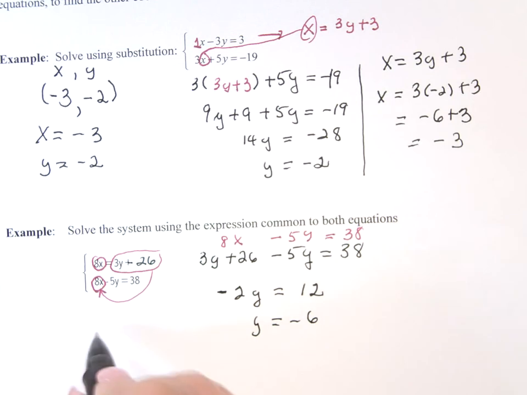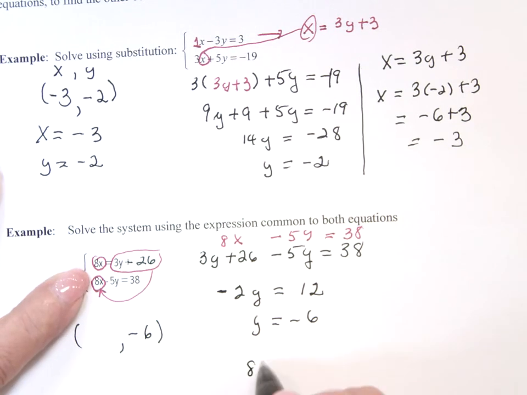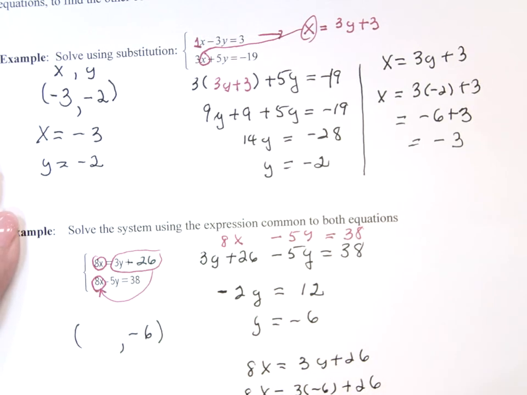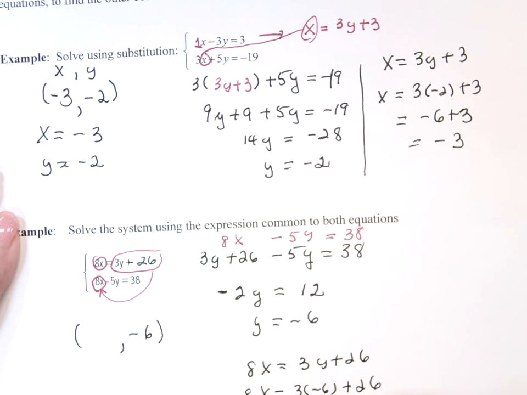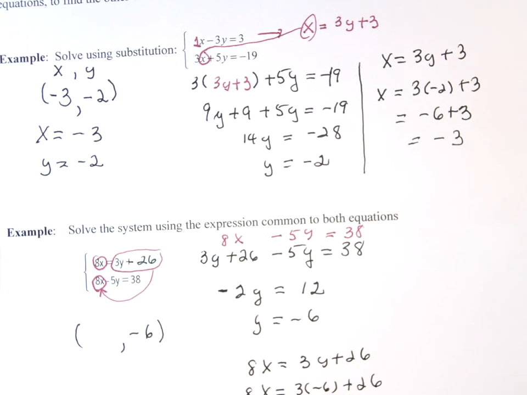So now I do have the shared y value, and I'm going to need the x value. Well, what do I know? I know that 8x equals 3y plus 26, or 8x equals 3 times negative 6 plus 26. 8x equals negative 18 plus 26. 8x equals, this is so cute, 8, or x is 1.